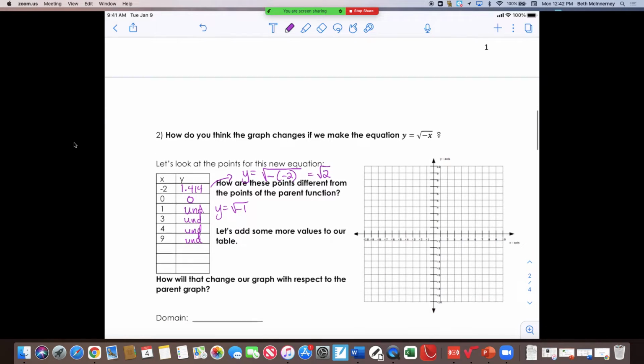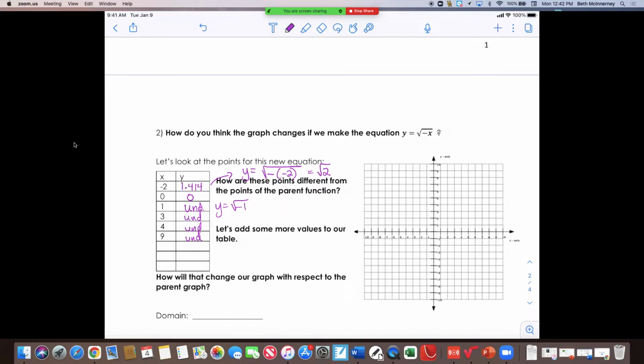So I need some new points that I can actually do. Let's do negative 1. So that's y equals the square root of negative 1. What's the next nice number I should try that'll work out nicely? Well, won't it be negative 4?